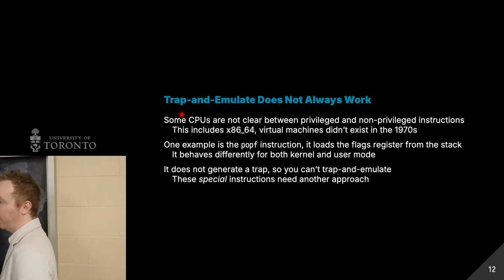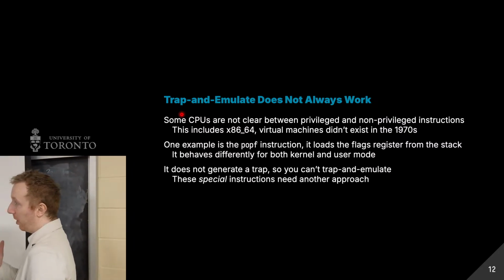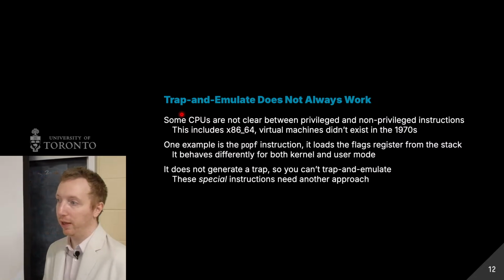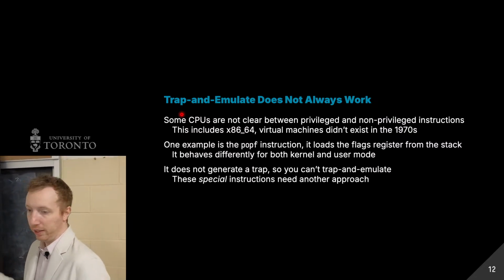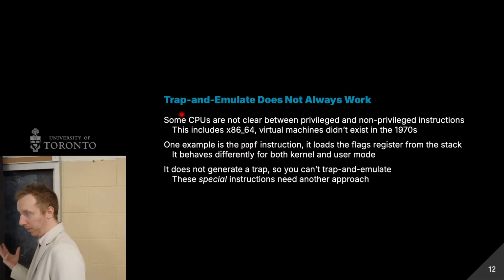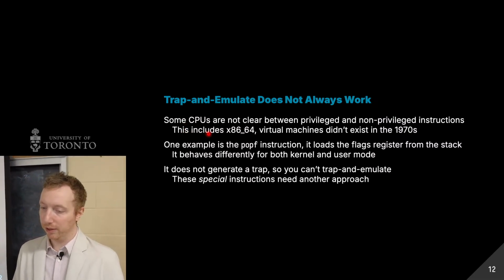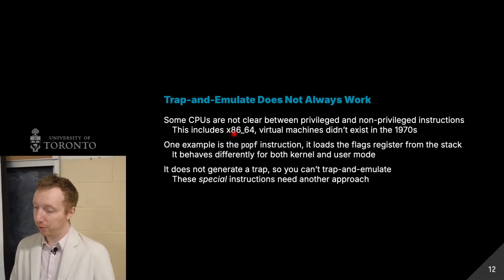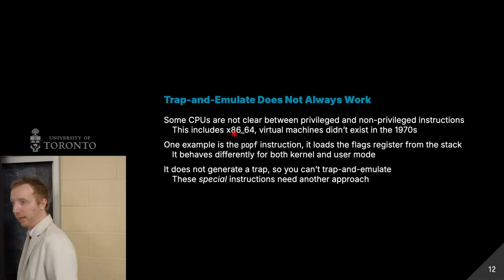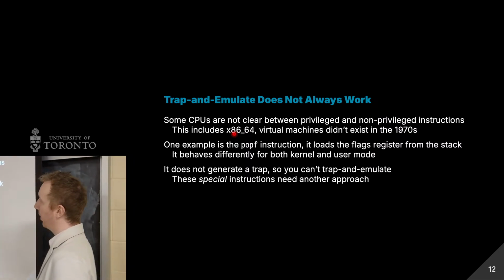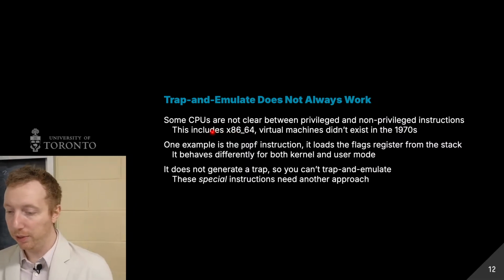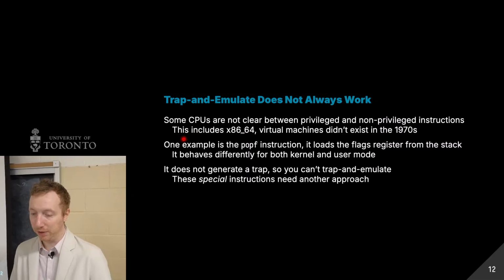Some instructions have the same opcode, the same machine code, that just happen to behave differently depending on what CPU mode you're in, because hey, that saved them an opcode back in the day. So especially on x86, virtual machines did not exist in the 1970s when this instruction set architecture came to be, so it wasn't really a design consideration.